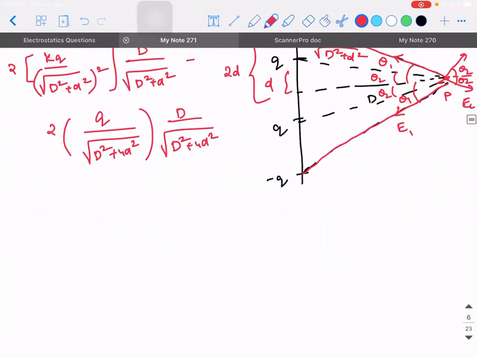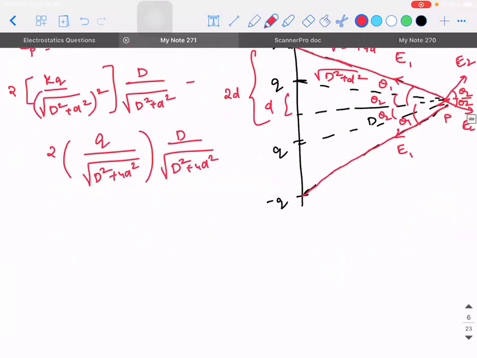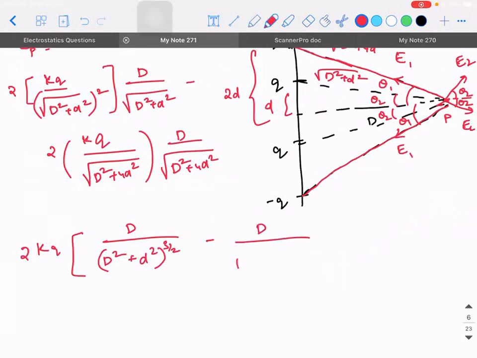Okay. There is too much math involved. So 2 times KQ into D divided by D square plus d square the whole power 3 by 2, minus capital D divided by D square plus 4d square the whole power 3 by 2.